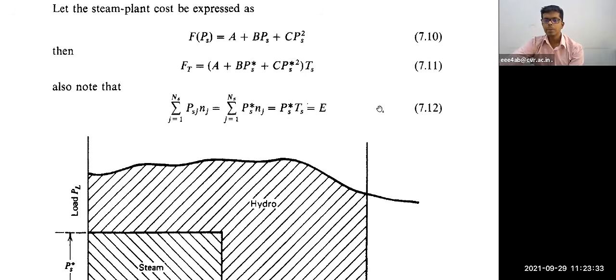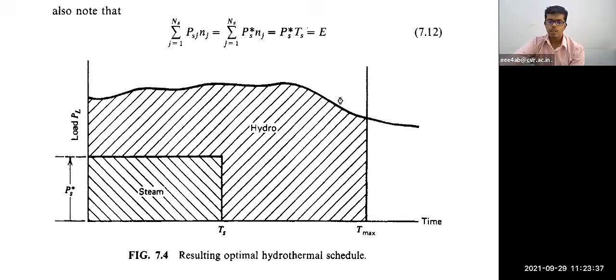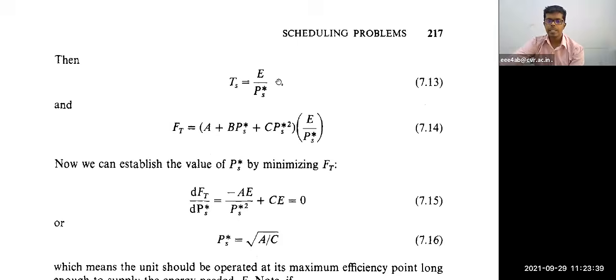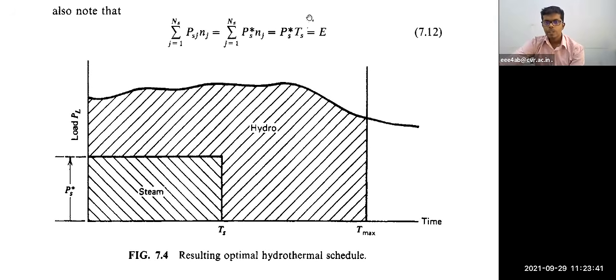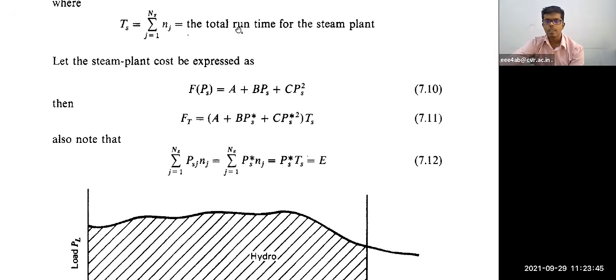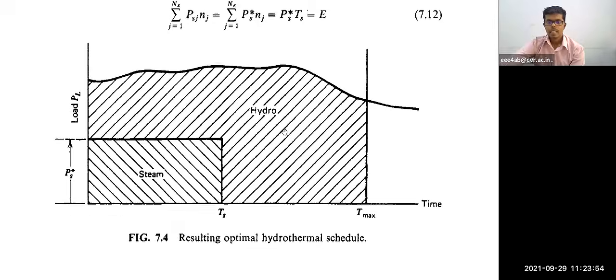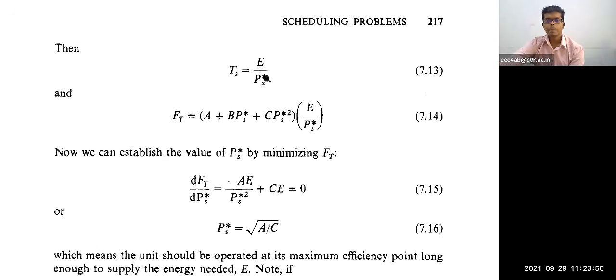If you use equation numbers, it is easy to substitute and understand, so always go with equation numbers. Next, how do we find TS, the total runtime for the steam power plant? TS is nothing but E divided by PS star.